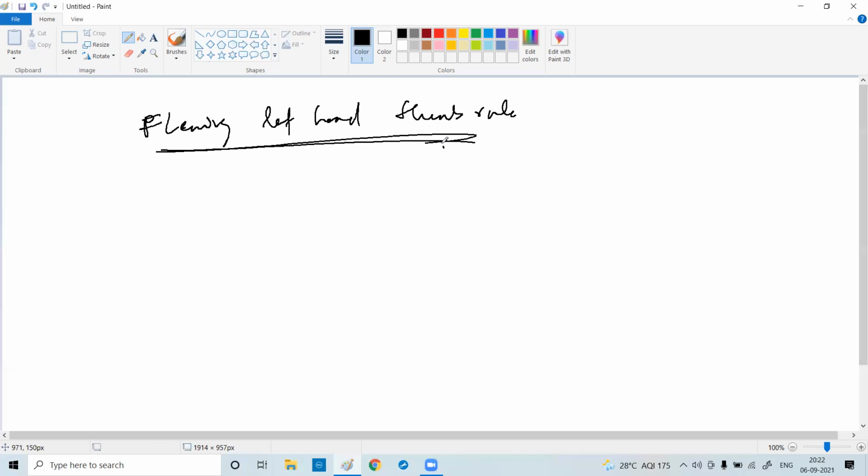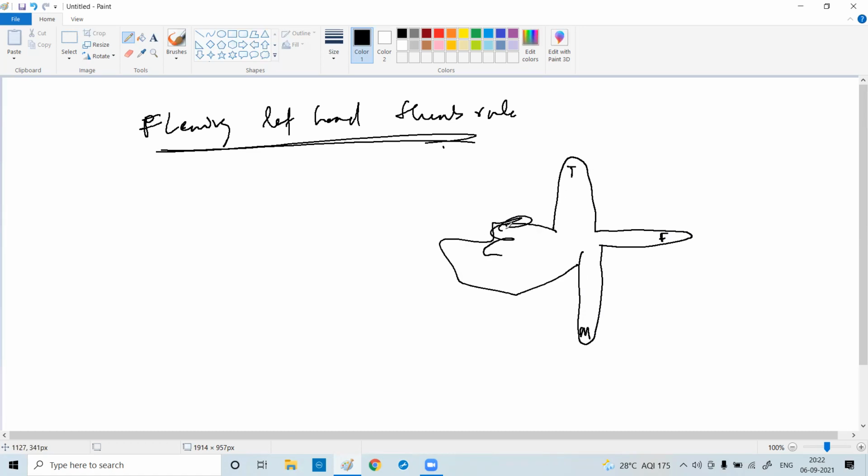The thumb indicates the current, first finger indicates the force, and middle finger indicates the magnetic field. Okay, so I will draw. This is the thumb, the fat one. This is the forefinger, and this is the middle finger. Whatever hand, I don't know how to draw.